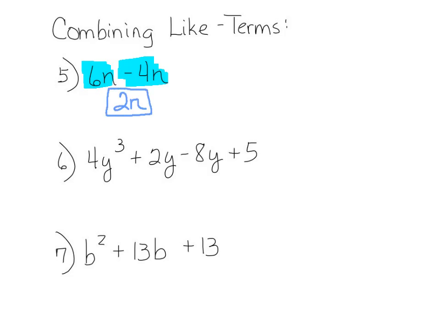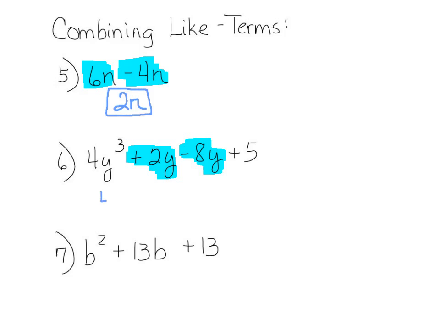Okay? All right, number 6, take a look. 4y cubed plus 2y minus 8y plus 5. So we have y cubed terms, we have y terms, and we have a constant of 5. If you could just identify which terms are like terms, that makes this way easier. So we have two like terms, positive 2y and negative 8y, can be combined, and we'll simplify it that way.